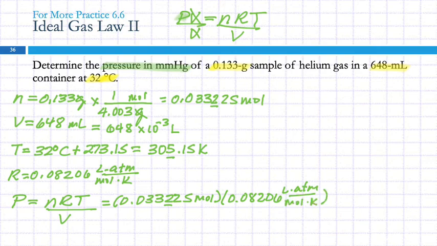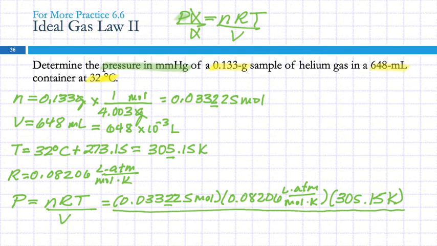Temperature, 305.15 Kelvin. Saved that one. Divided by the volume, 648 times 10 to the minus 3 liters.